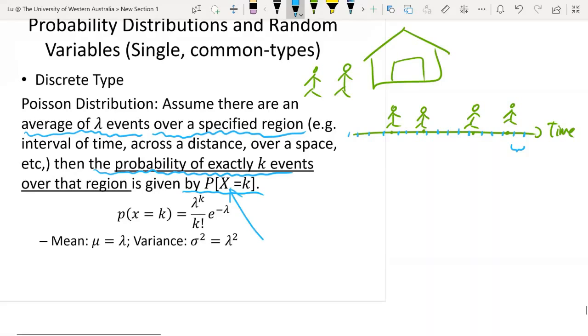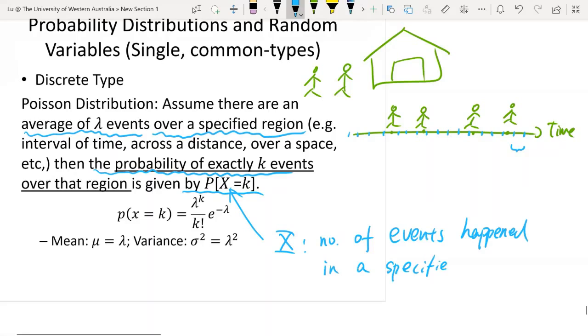This x here is, of course, a random variable, that is the number of customers, or we can call them events generally, that happen in a specified region or time interval. So this PMF is used to describe such a random variable following the Poisson distribution. The mean mu is lambda, and the variance is lambda squared.